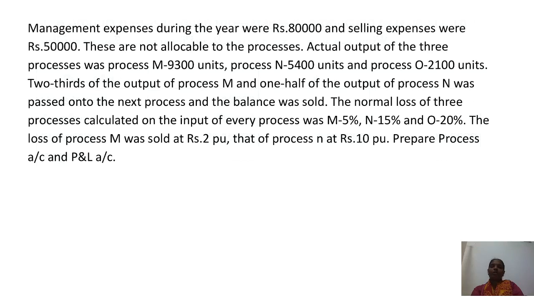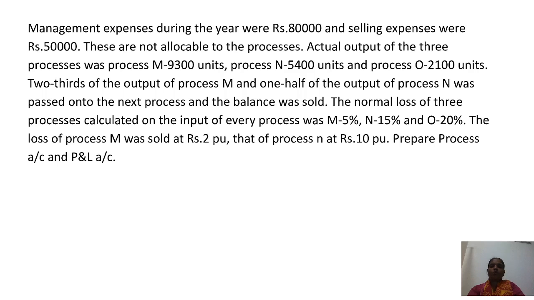Along with that, the company has given some other details: management expenses incurred during the year were rupees 80,000 and selling expenses were 50,000, and these are not allocable to the processes. Actual output of the three processes was: process M 9,300 units, process N 5,400 units, and process O 2,100 units.